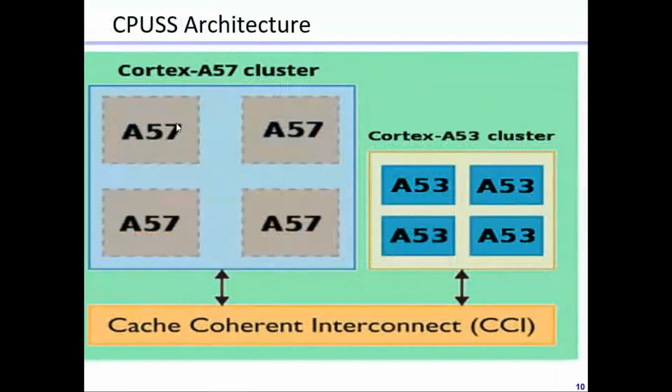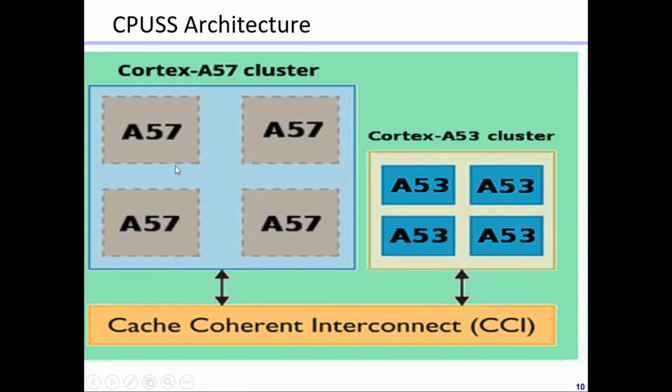Next. This is one example where we have seen an octa-core CPU subsystem, where I have a Cortex A57 cluster and a Cortex A53 cluster. There will be L2 cache associated with these two clusters. The coherency unit, that is CCI, cache coherent interconnect, maintains the coherency there.